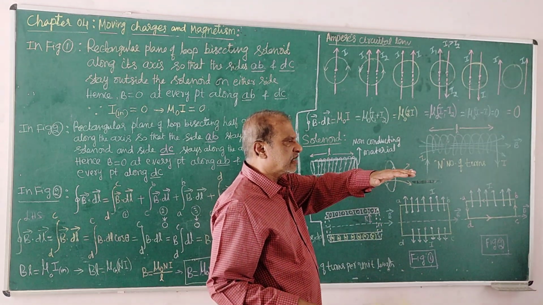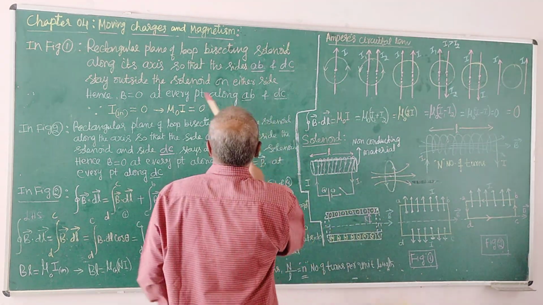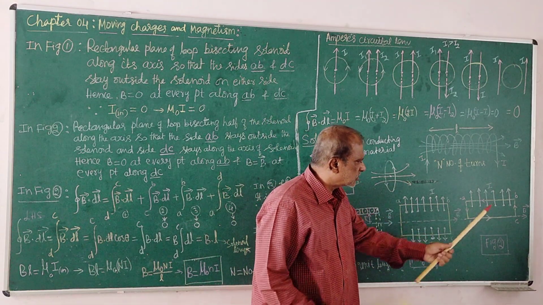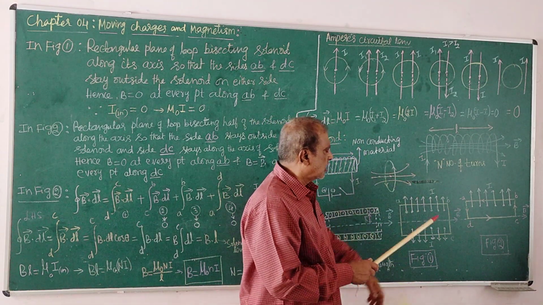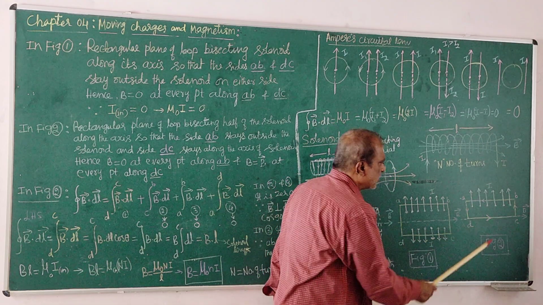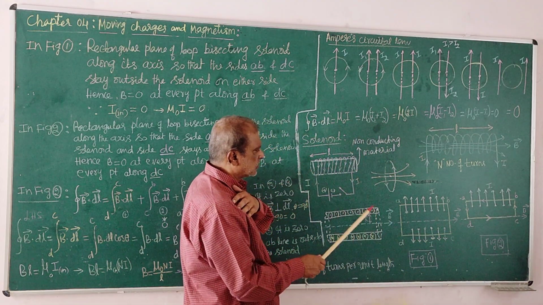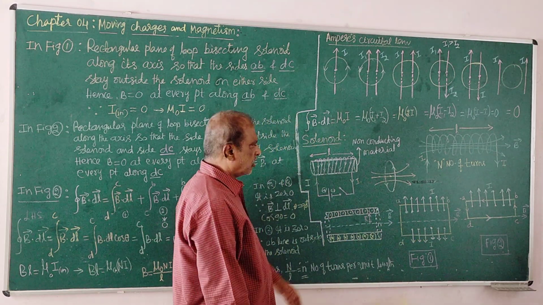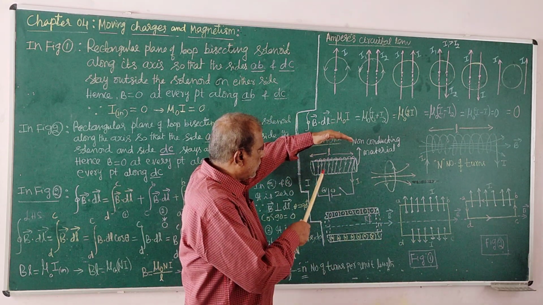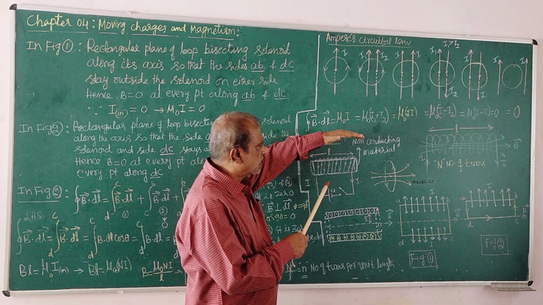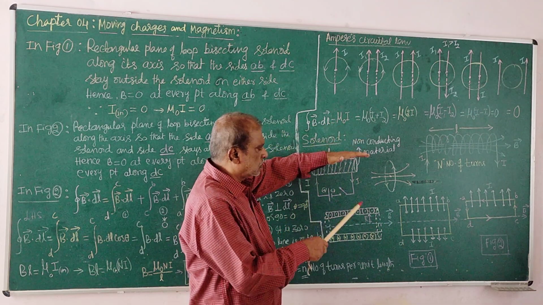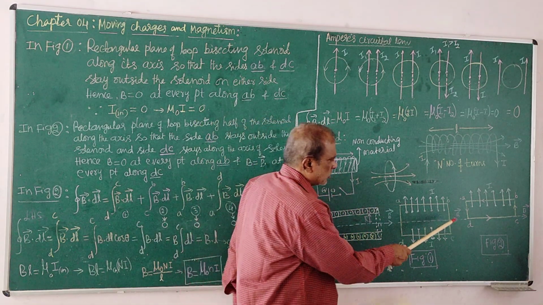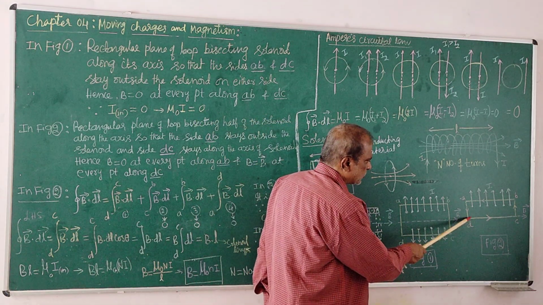Use the plane which bisects half of the solenoid, like this, so that this side stays outside the solenoid, and this side of the rectangle stays along the axis of the solenoid. Only half of the rectangle. So its plane is at the back side and goes up to the axis. There is no further extension of the plane in front. This is removed. Only this one.